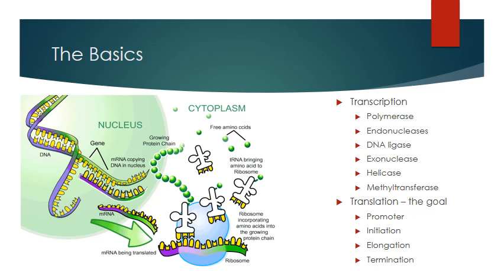Okay, so to go through these little players that I have listed here, you can see that the players in transcription are obviously the polymerases. There's several of them. And they're able to polymerize nucleotides, connect the nucleotides to each other.